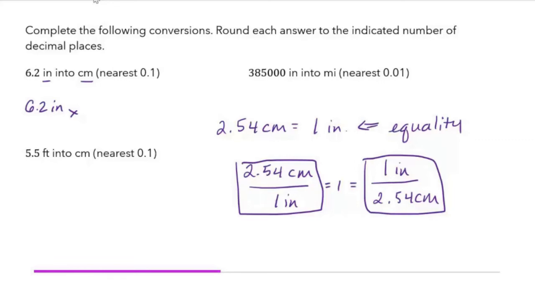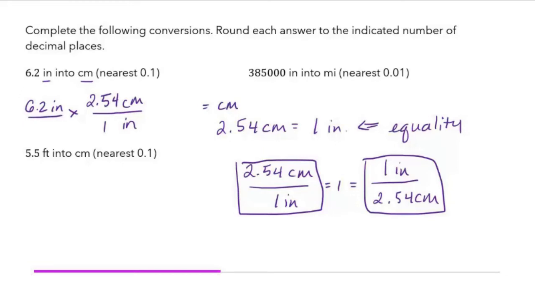Inches is in the numerator, so in my conversion factor, I'm going to choose the one where we have inches in the denominator and centimeters in the numerator. We have 2.54 centimeters for every 1 inch. This is important because I want my final answer to be in centimeters.